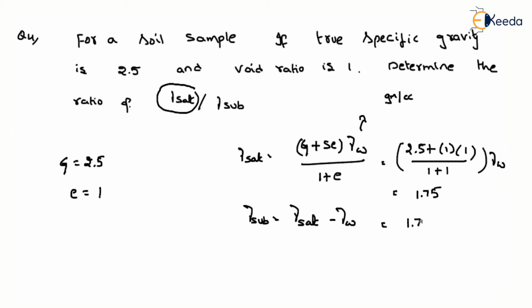Gamma submerged will be 1.75 minus 1, that will be equal to 0.75. Then what will be the answer? Gamma saturation divided by gamma submerged, that will be 1.75 divided by 0.75. If we solve this, we get around 2.33.